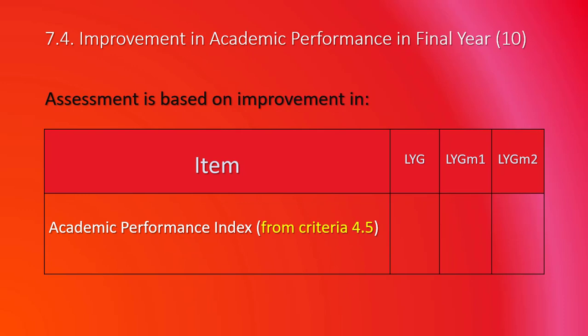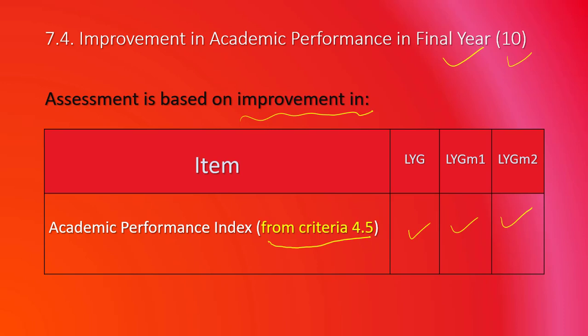Criterion 7.4, improvement in academic performance in the final year. This is for the final year. The same exercise was done in Criterion 4.5, and that data has to be placed here, and accordingly, based on the improvement trend, the marks will be awarded.